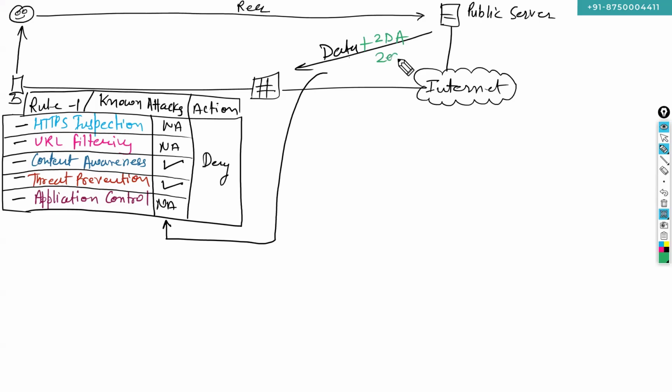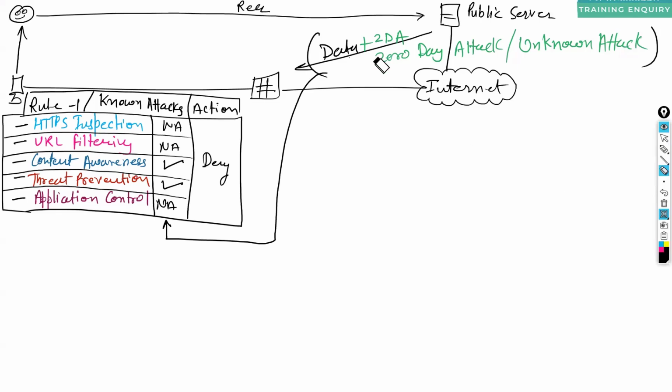ZDA is called a 0-day attack, or it is also called an unknown attack. What will happen if our data contains a 0-day attack or unknown attack?